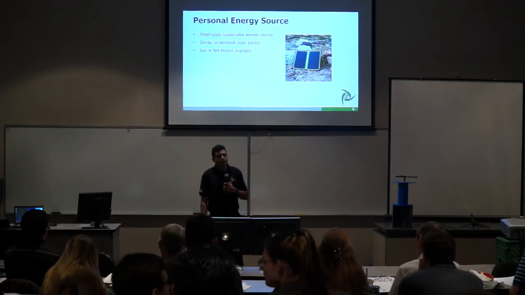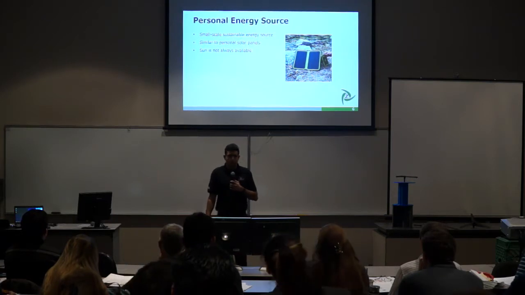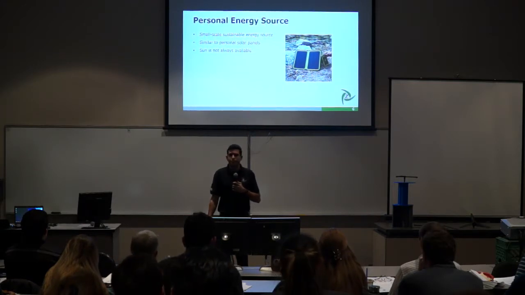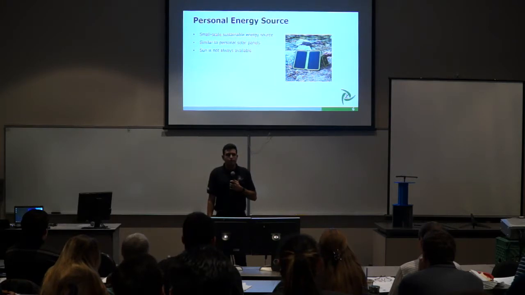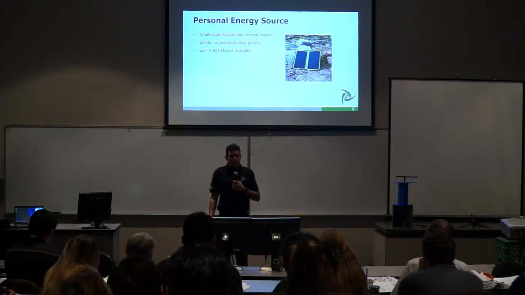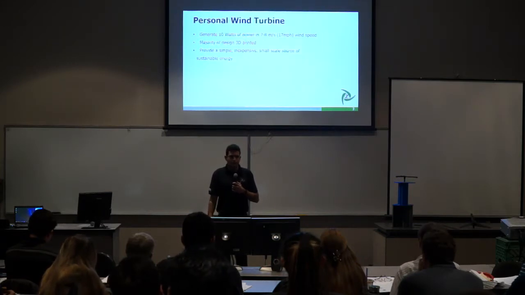Project Zephyr is designing a personal energy source similar to that of personal solar panels. These solar panels can power and charge small electronic devices such as cell phones or smartphones, but are ineffective when the sun is not a viable option. On cloudy, windy days when the sun is not a viable option, Project Zephyr's turbine will be a great alternative.